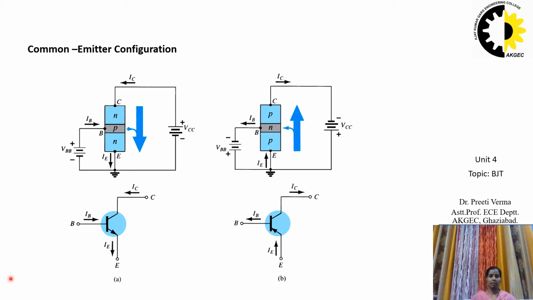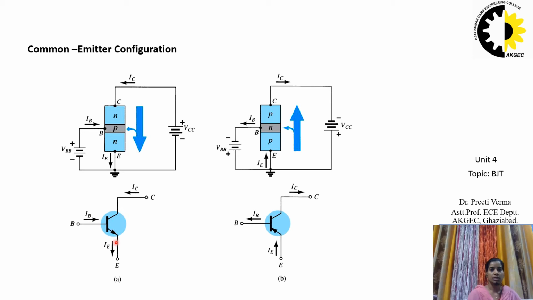So here we have the emitter as common. We have one input side junction as the emitter base junction, and as the output side we have the collector emitter junction. So now the emitter is common between collector and base. Now its representation with the symbol of the bipolar junction transistor.